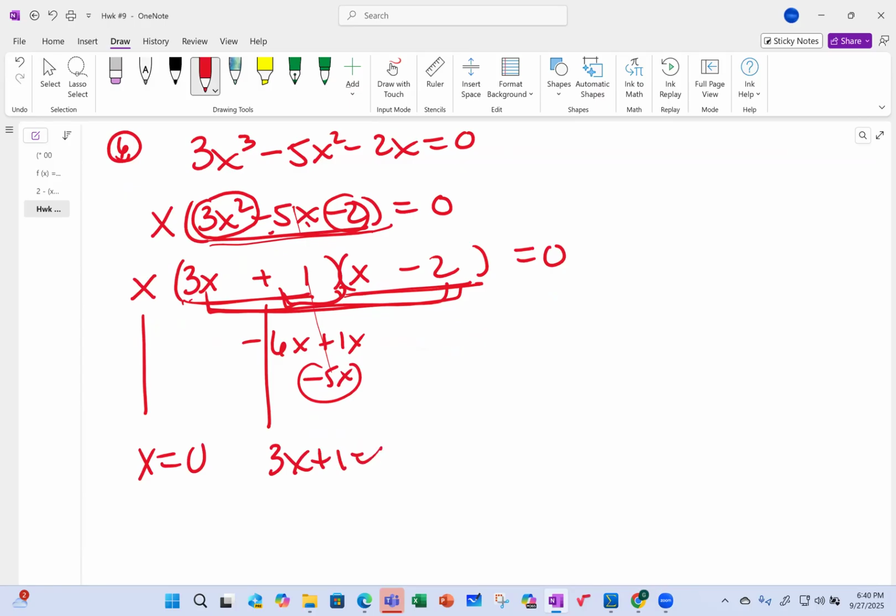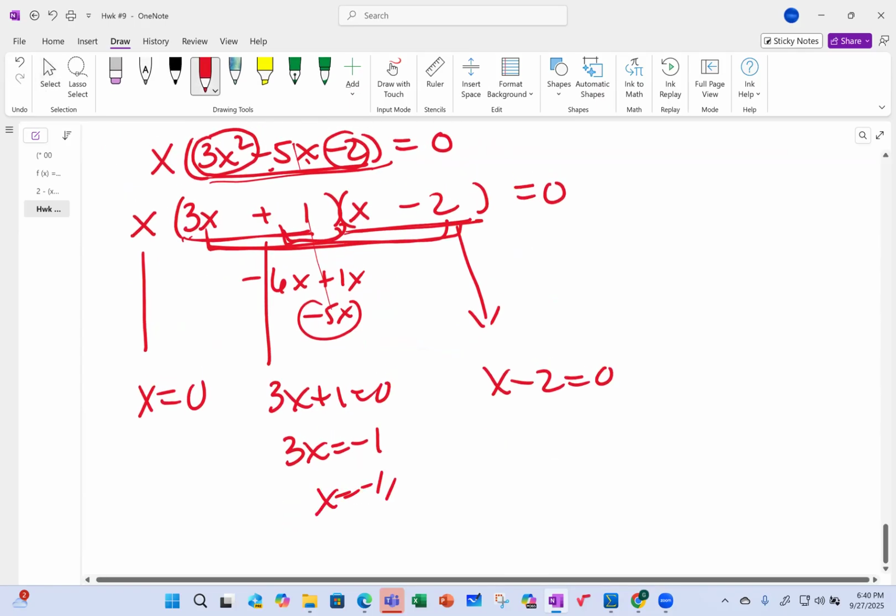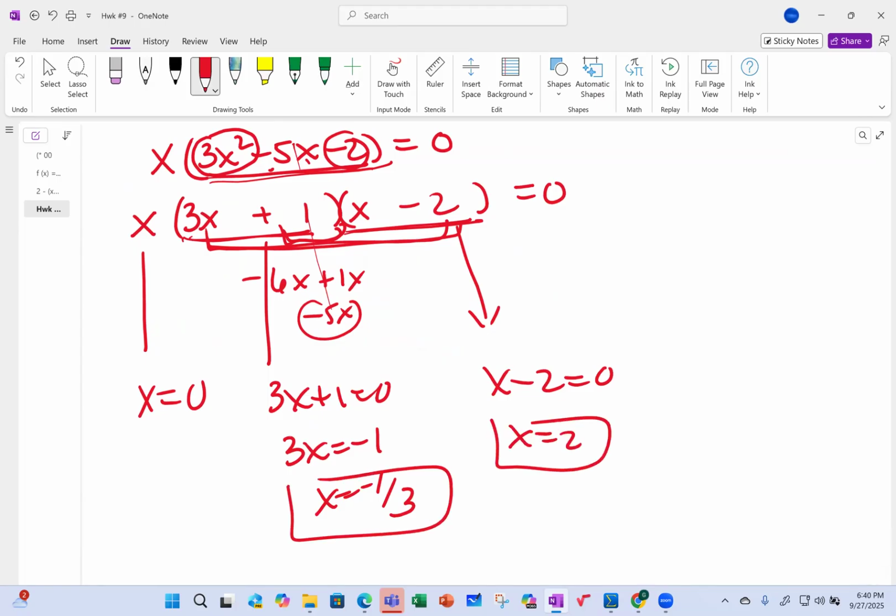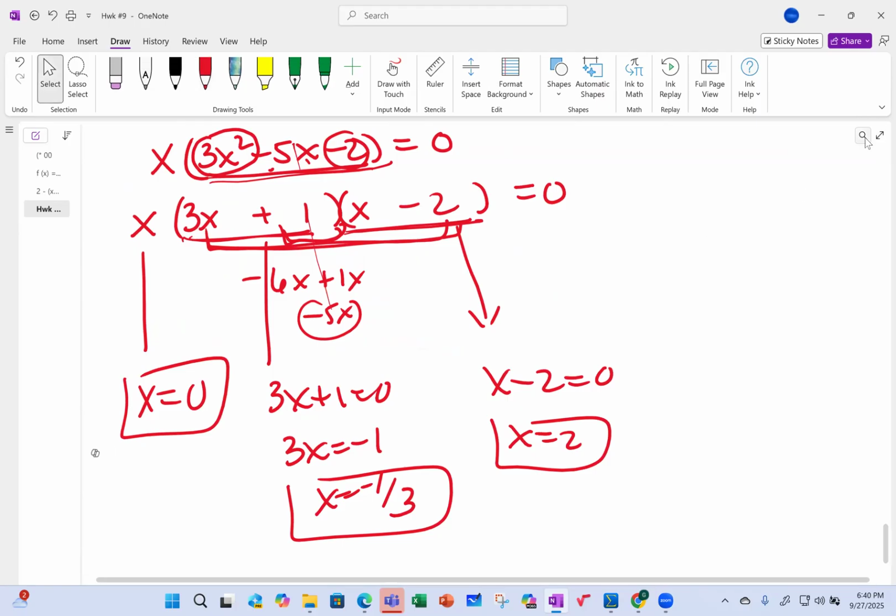That one's done. And then this one down here equals 0. Subtract the 1, divide by 3, and then add the 2. And those are my zeros. 3 zeros for a cubic right there. All right, I hope that helps you with these solutions.